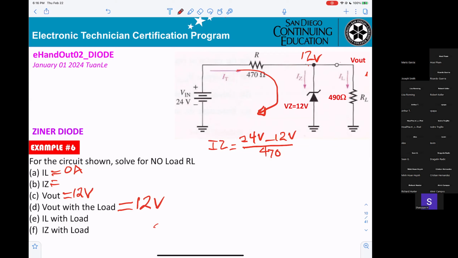Now they want current I L. So 12 volts over the resistor, perfect, 490. Right.